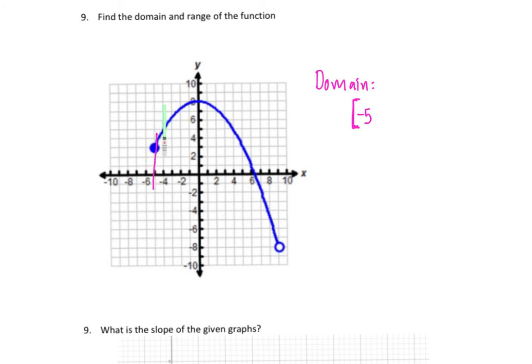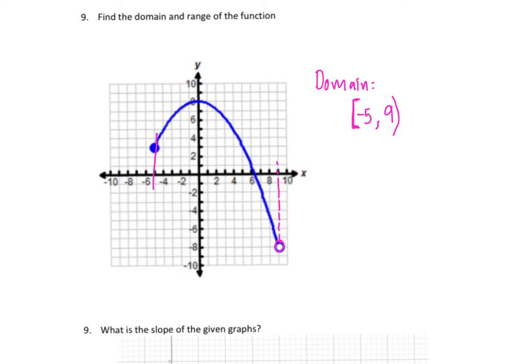But we're worried about the x value of where we stop, so we are stopping at 9. And because I have an open circle, that means we cannot be equal to that value. So we're going to use a parenthesis, meaning that we are excluding the value. It's not included in the actual domain.